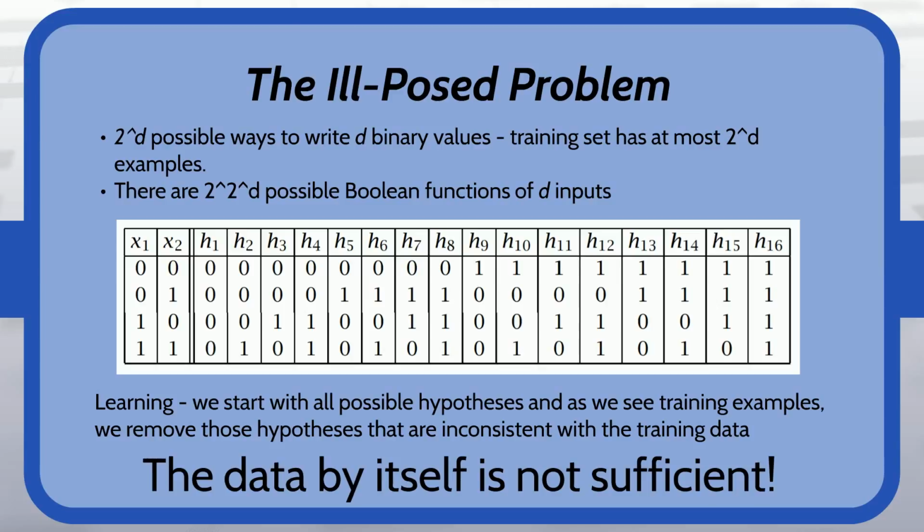The data by itself is not sufficient to find a hypothesis, because we would have to see every individual possible point to find a unique solution. This is the ill-posed problem, and it is a problem with classification and regression problems as well. It doesn't just apply to Boolean functions. In order to find a unique hypothesis, we would have to know every possible value.